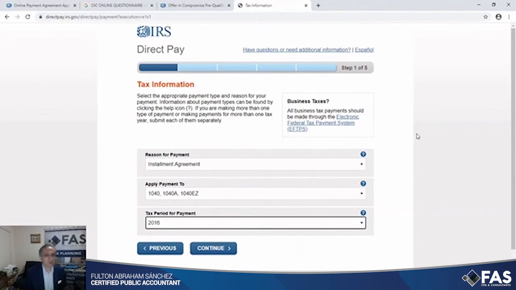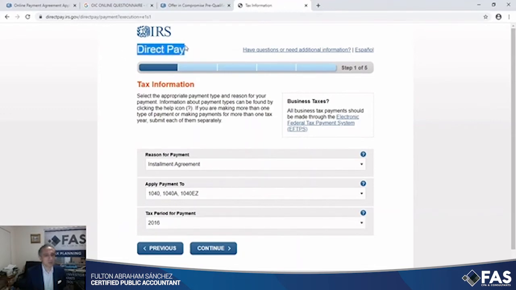Well, these 3 criteria: the reason for payment, what the payment applies to, and the tax period. The next step will be to select the amount that you need to pay, and then also the account that you will be using for debiting this payment, because this is a direct pay. I will suggest not to do this unless you have an installment agreement.